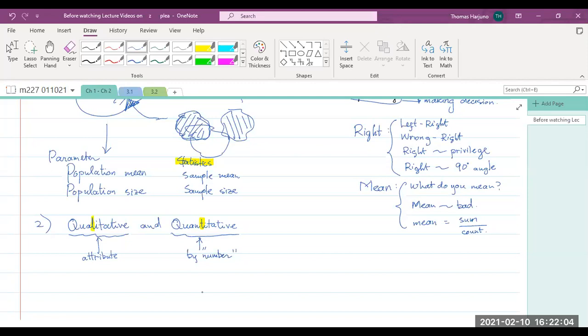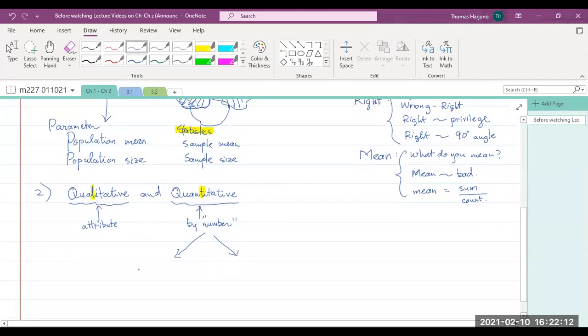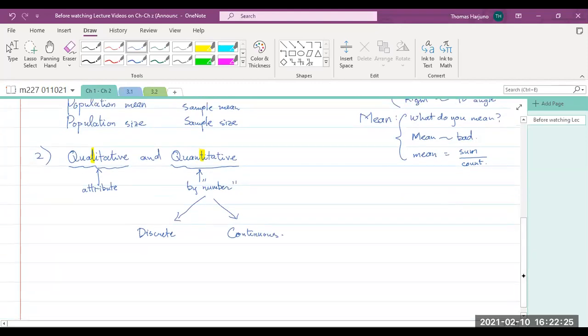Now when it is quantitative, by numbers, we have more separation here, something called discrete and continuous. Discrete numbers, for example, 1, 2, 3, maybe some fractions, but not all fractions.